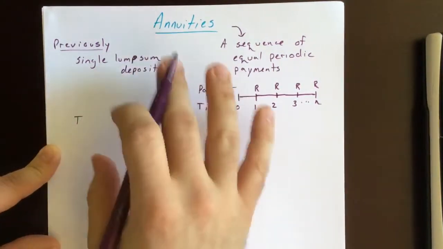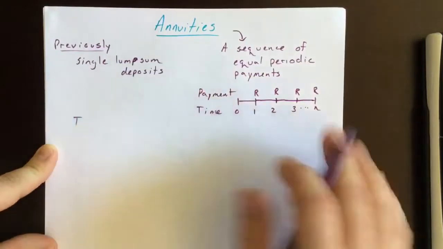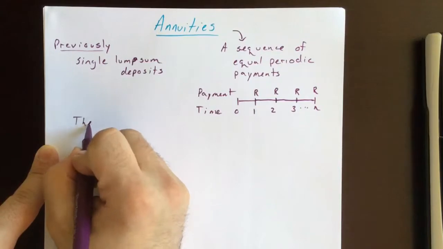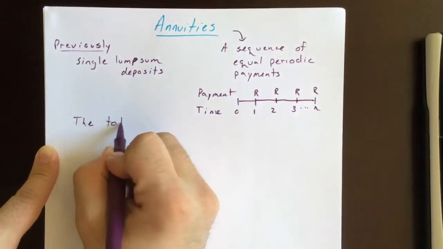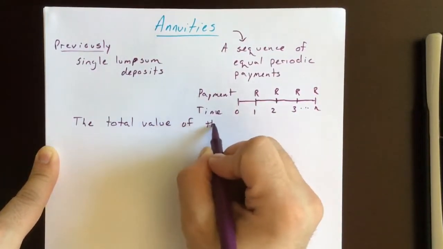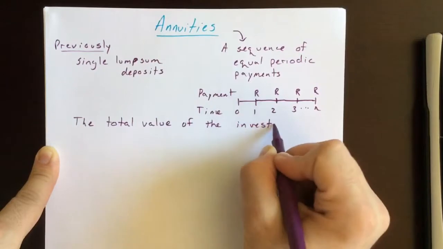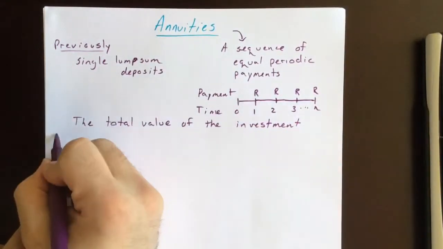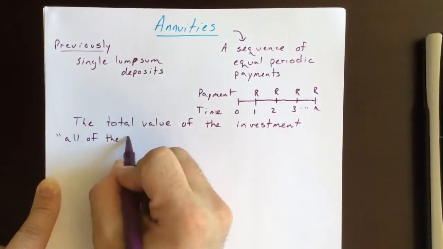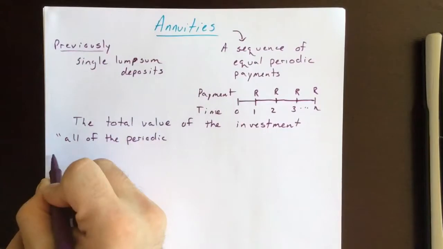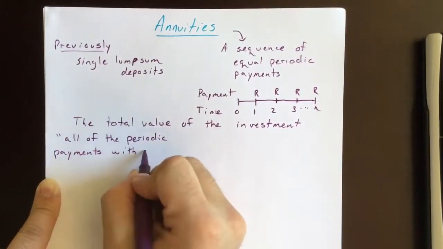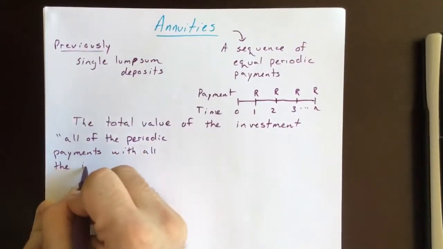So what an annuity kind of leads us towards, and what's really interesting to talk about, is the money you get from it. So the total value of the investment. I want to say here, this total amount includes all of the periodic payments with all the interest that we accrued.